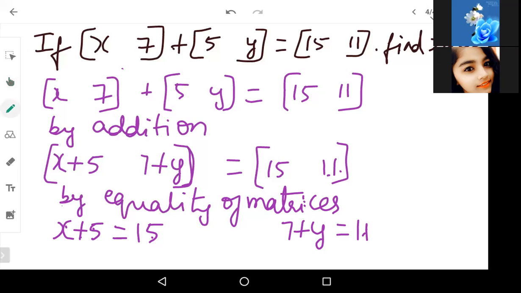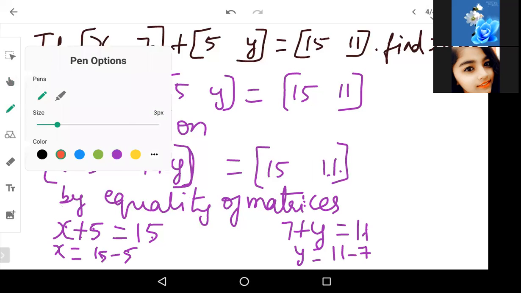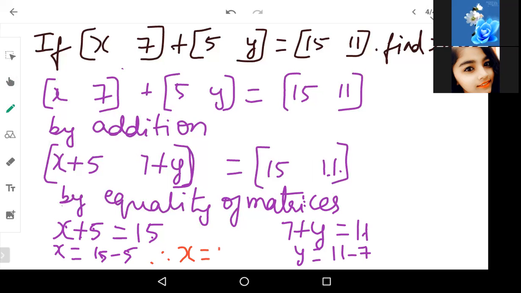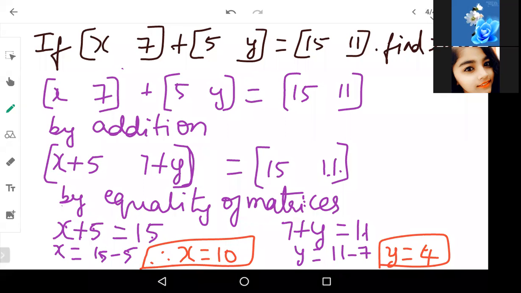Now solve this. X is equal to 15 minus 5. Y is equal to 11 minus 7. So therefore, X is equal to 10 and Y is equal to 4. Okay, so X is equal to 10 and Y is equal to 4. So we found out both X as well as Y. Clear? Understood this problem?